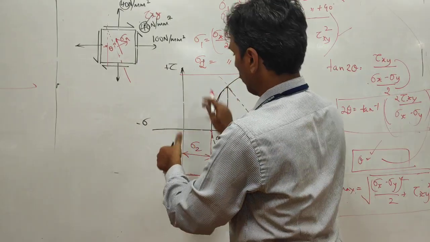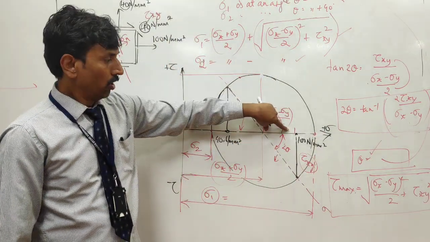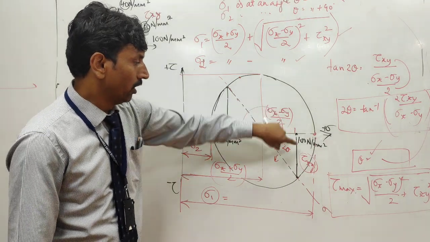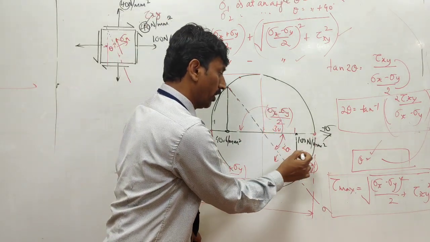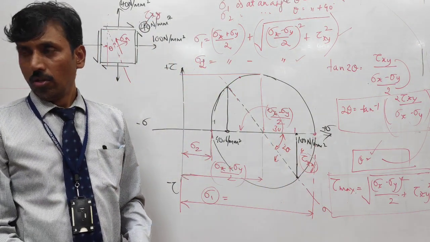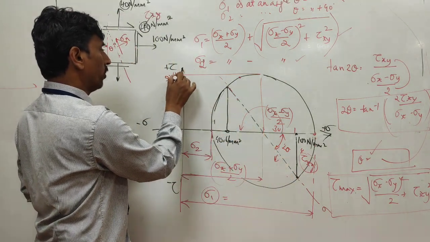You may measure with this diagram here. Suppose definitely it will be more than 40. Here if 30 and here 40, this will be 50. A 3, 4, 5 rule. Okay, this will be 50. So this will be 50 Newton per meter square.